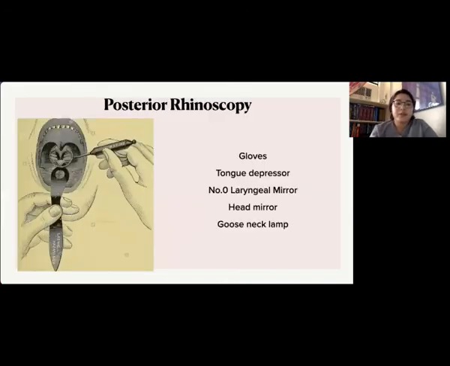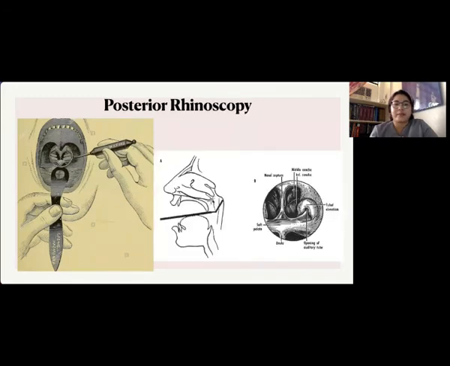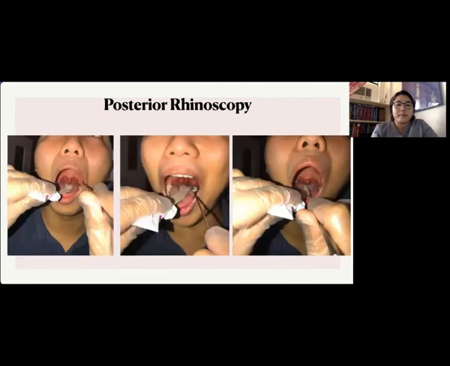So how are you going to do your posterior rhinoscopy? We need gloves, tongue depressor, laryngeal mirror, and the gooseneck lamp. The goal is to view the nasopharyngeal area, or the posterior of your nose. You hold a tongue depressor and depress the anterior 2/3 of the tongue. You hold the number 0 mirror and rub it on the buccal mucosa, or you can warm it with an alcohol lamp if available.